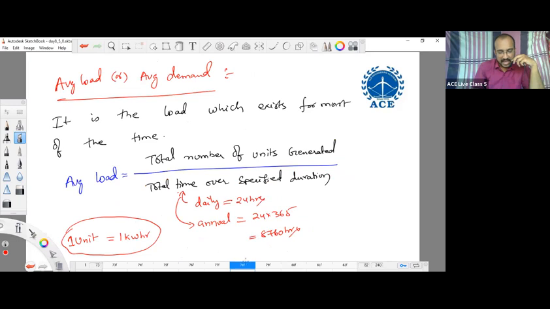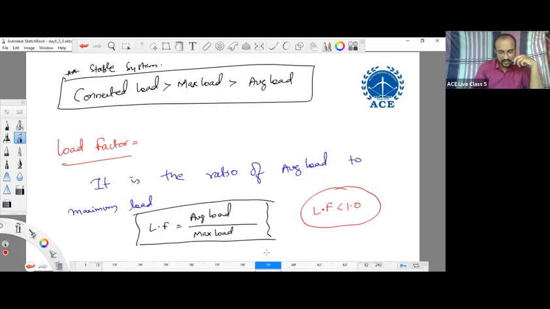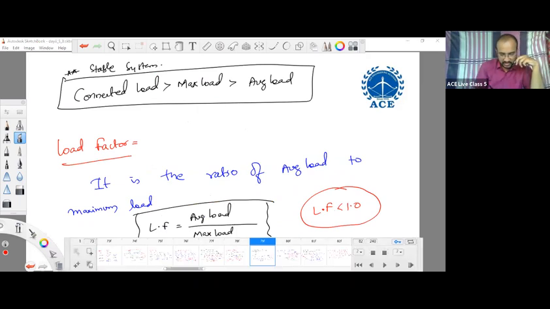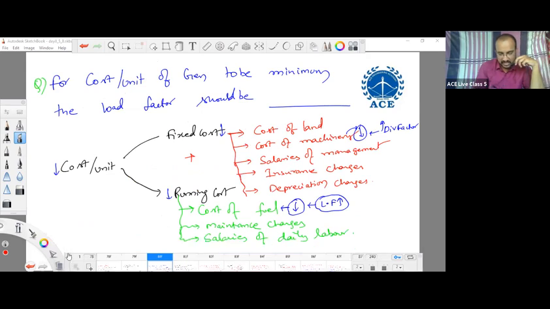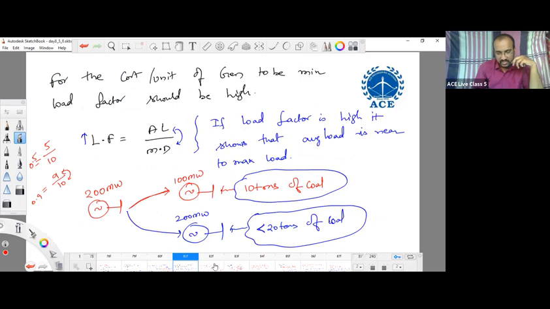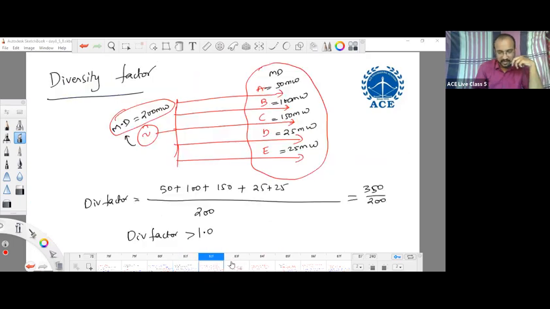We calculated the average load and saw load factor. It is the ratio of average load to maximum demand. For the cost per unit to be minimum, the load factor and diversity factor should be high. If the load factor is high, the running cost is minimized.